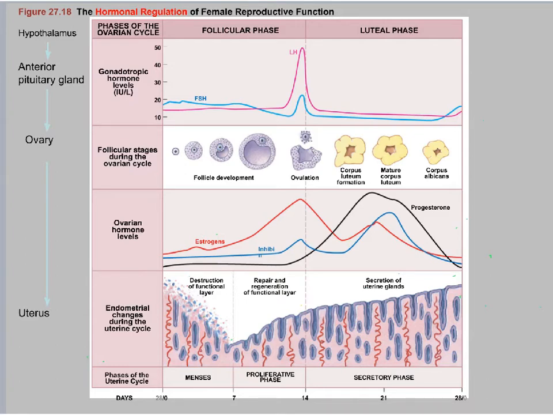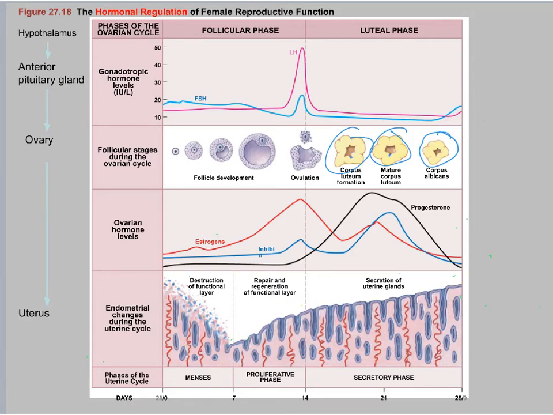So there's ovulation that occurs, and then the follicle becomes this structure called the corpus luteum. And remember, the corpus luteum is responsible for secreting progesterone. So you see how the corpus luteum undergoes these two stages right here, and then it becomes what we call corpus albicans.